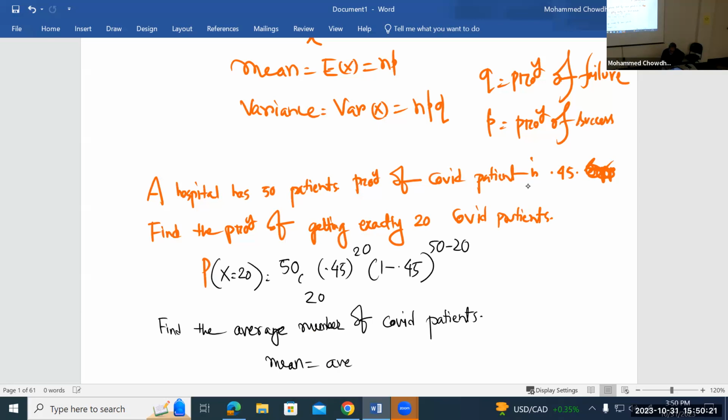Mean equal to average equal to NP, N equal to 50, COVID patient probability equal to 0.45. I applied this formula here.